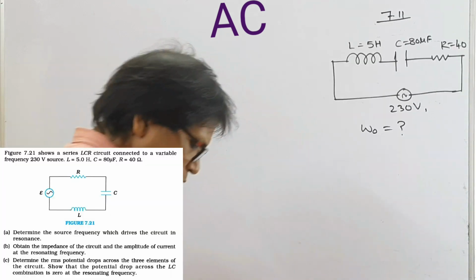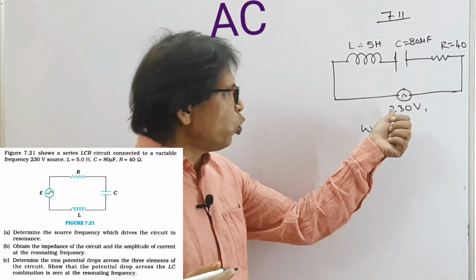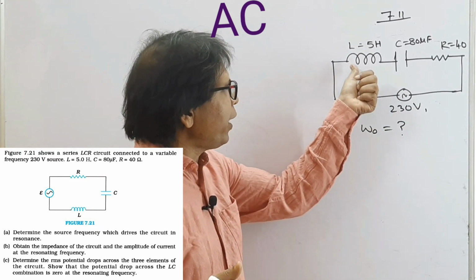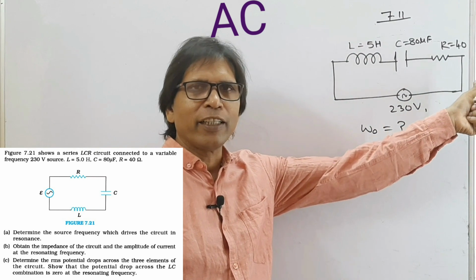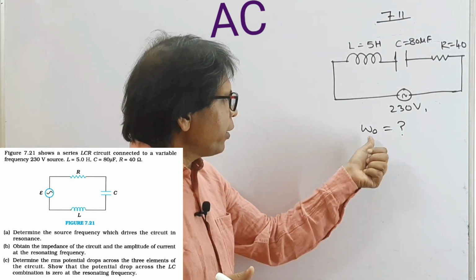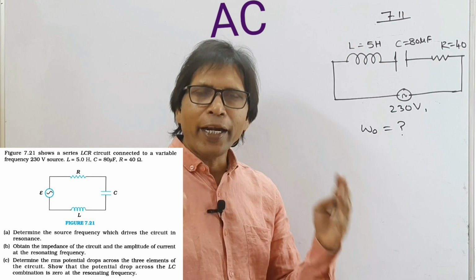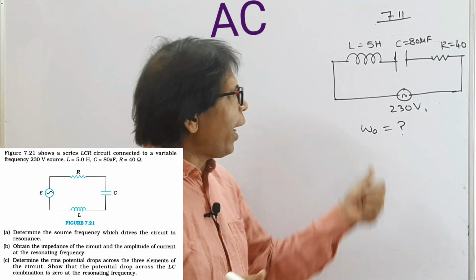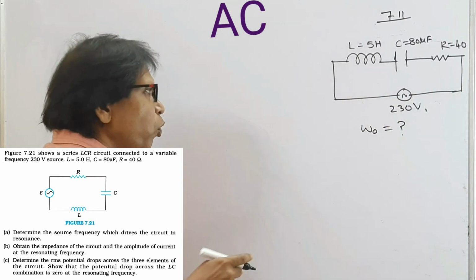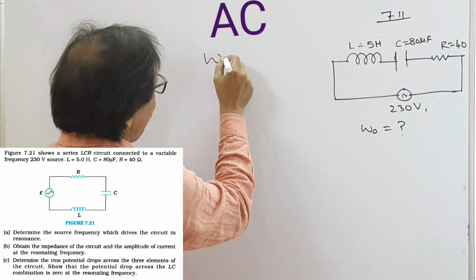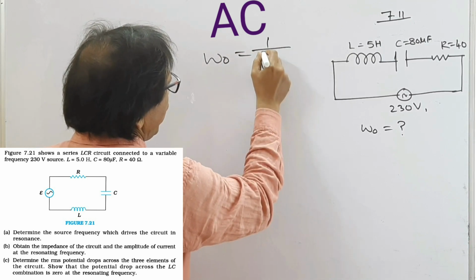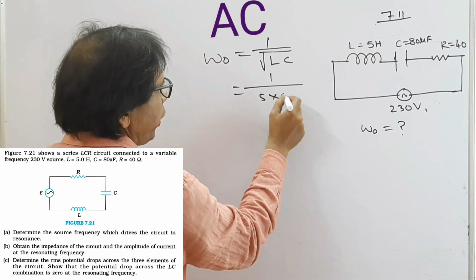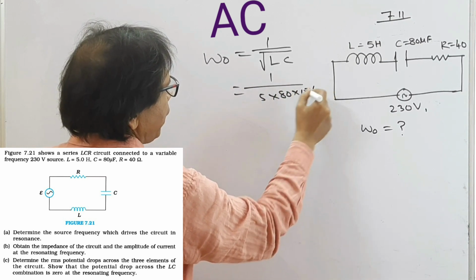Now next. 230 volt AC of variable frequency is applied in an LCR series circuit. We have to calculate the resonance frequency, current, and voltage drop across each component. Now first of all, source frequency omega naught equals 1 over root under L into C. So this is 5 into 80 into 10 to the power minus 6.